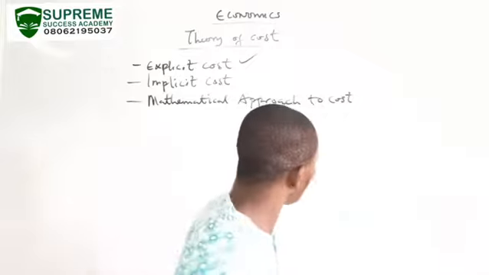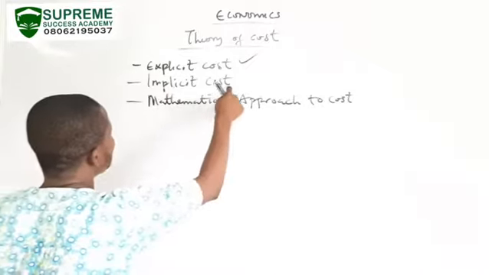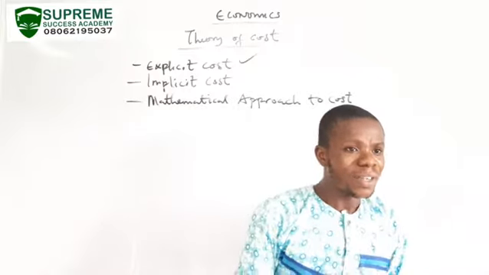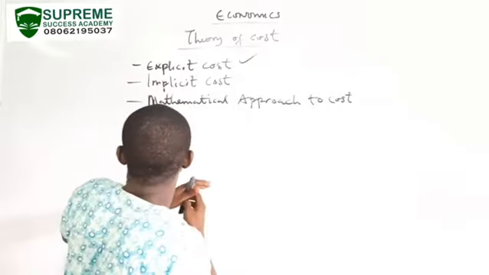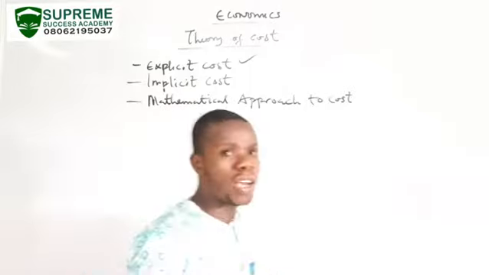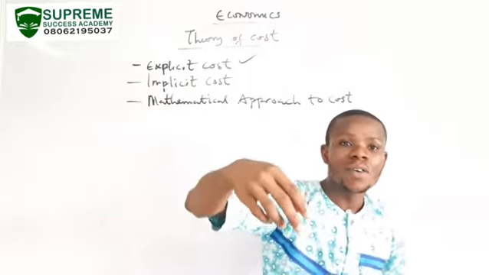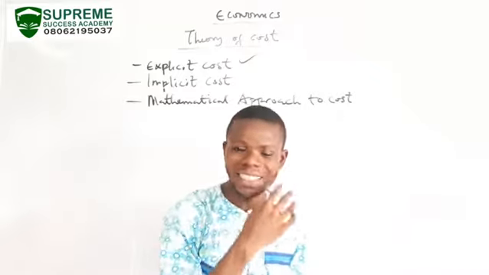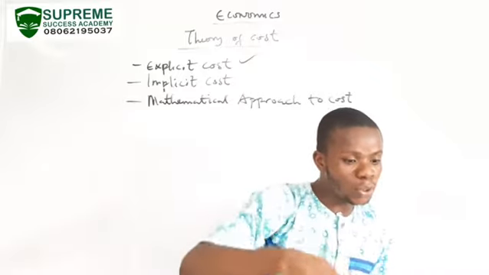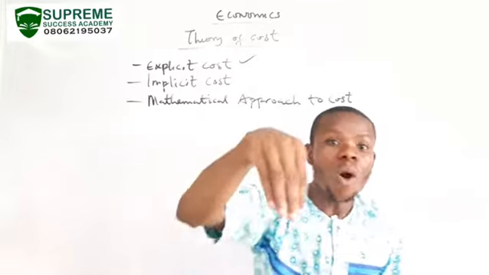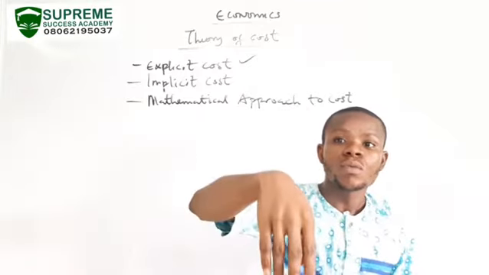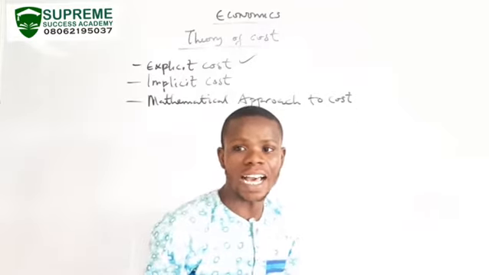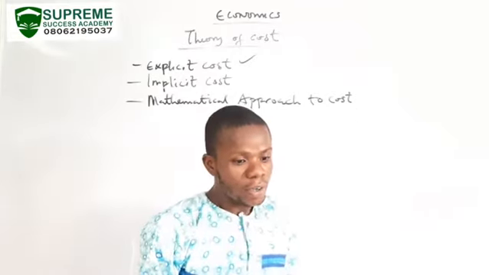So the second one, which is implicit cost. Implicit cost has to do with within. That is, the cost within. What this is now telling us is that the cost of the owner's resources. That is, the cost that is introduced by the owner to maintain the production activities in the organization.